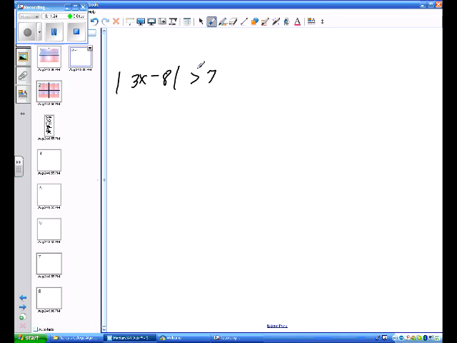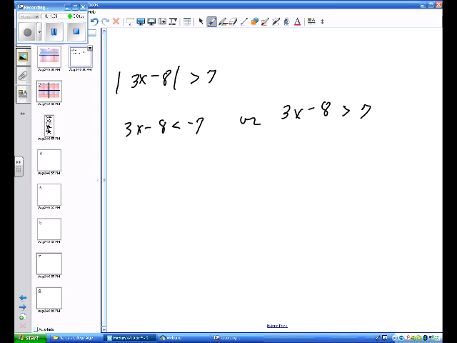Okay, it's a greater than. So on our greater than, if you remember, we have to write two separate statements. You cannot get by with writing one. You must write two separate statements. And what we said was whatever was inside was greater than the positive, or it was less than the negative.